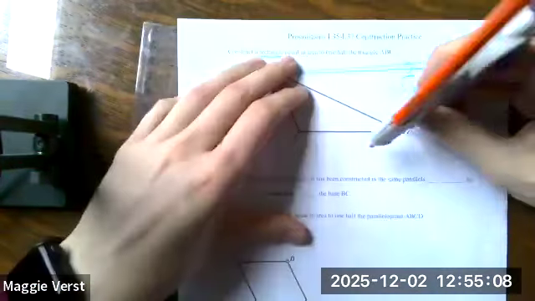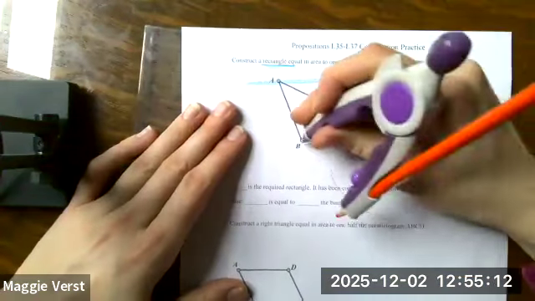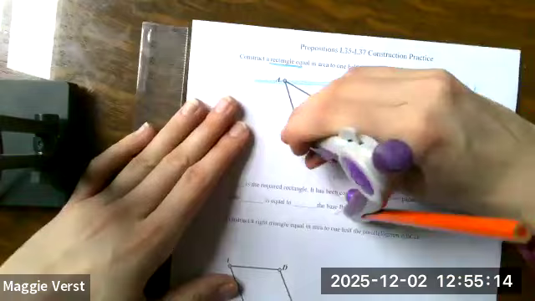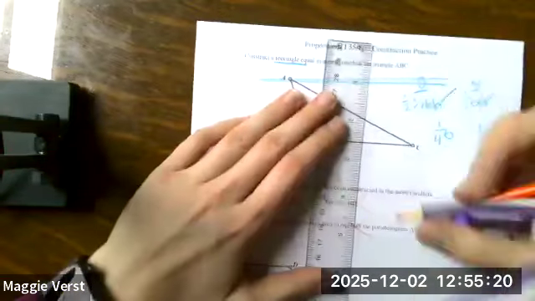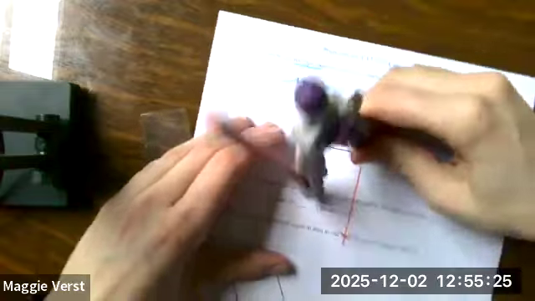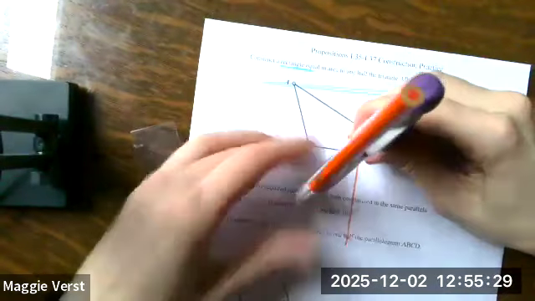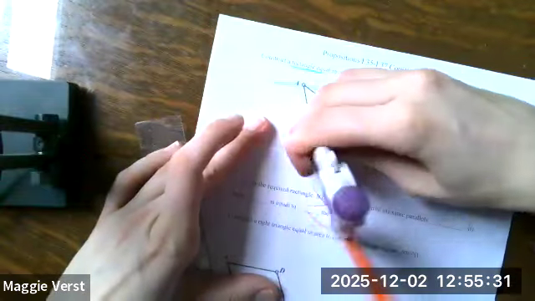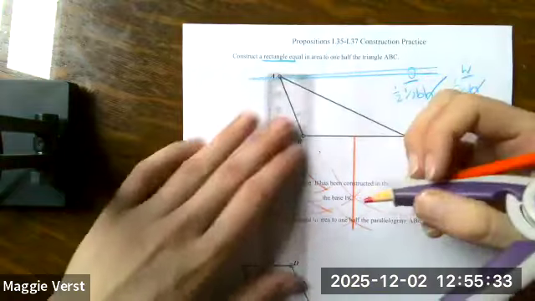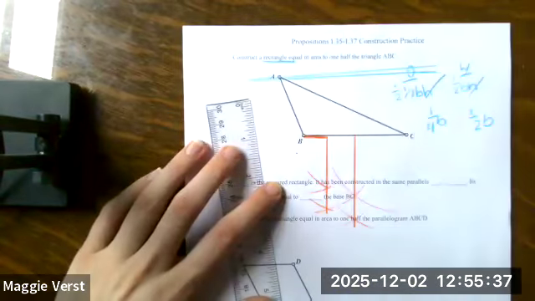I'm going to bisect the base because I need a fourth, which basically means I'm going to bisect. Find that halfway point, and then I'm actually just going to bisect again. So I would go 1, 2, 1, 2, make it a little bit longer, 1, 2, 1, 2. That is the point that I want to use. This is the base I want.